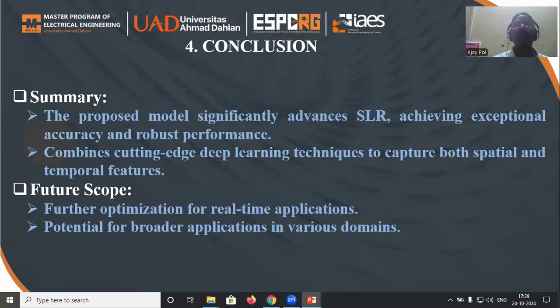So finally, the conclusion. The proposed model integrates spatial features from the residual block and temporal features, along with RNN architectures consisting of BiLSTM and GRU layers and multi-layer, multi-head attention, which gives exceptional performance, achieving 99% accuracy on both American Sign Language and Indian Sign Language.